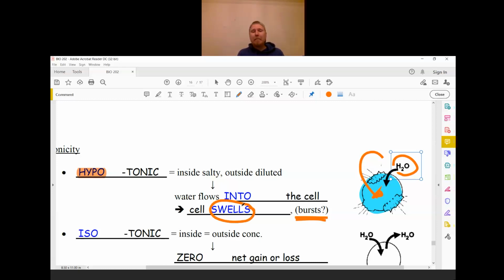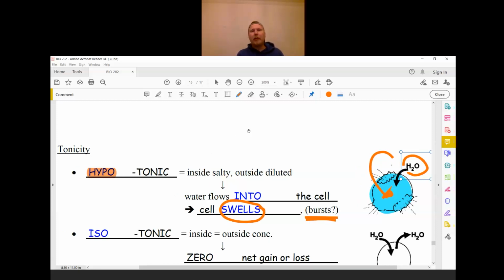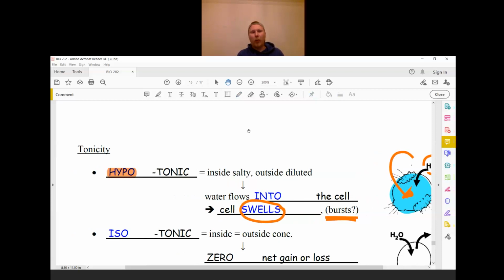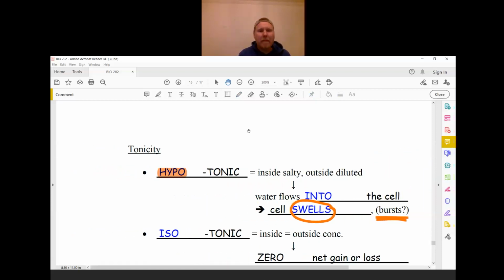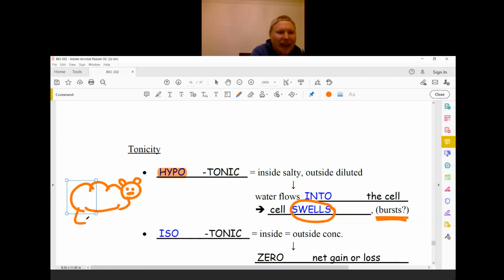So that would not be ideal. That would be a little bit problematic for us. So this is how you can kill yourself by drinking too much water, for example. So how do you remember that hypotonicity refers to this? I always say try to make up mental rules, mental visualizations of any complex concepts, and it will help you. So what I'm trying to do here, and I know I'm not super successful, I'm trying to draw a diagram of a hippo.